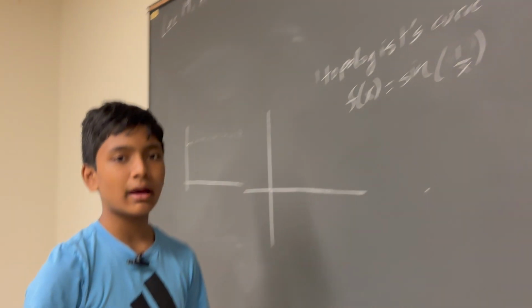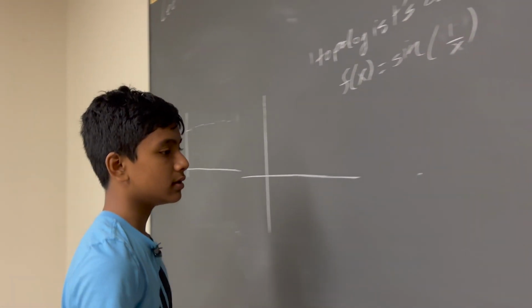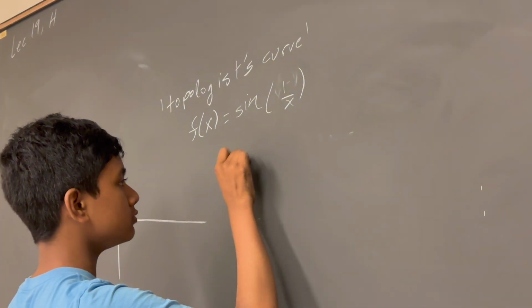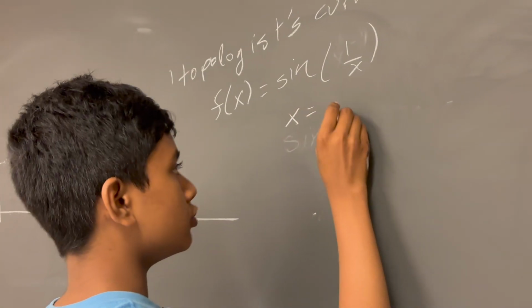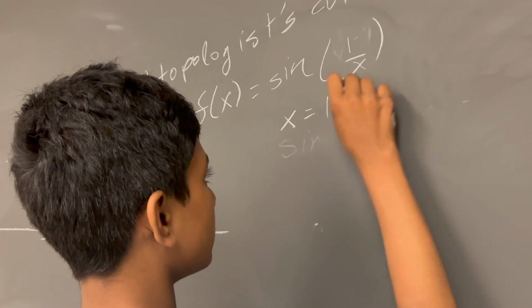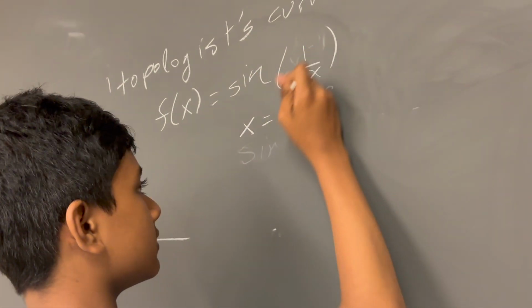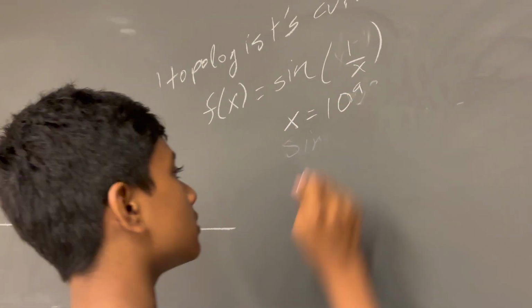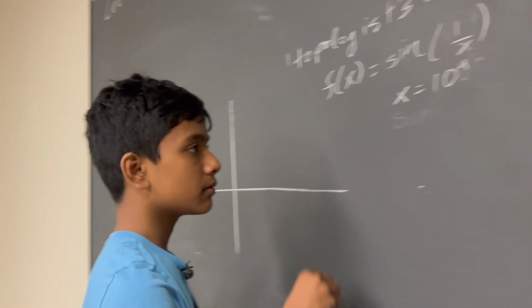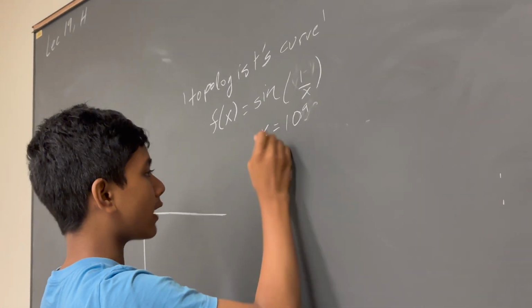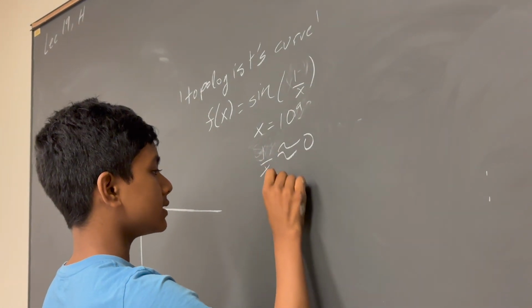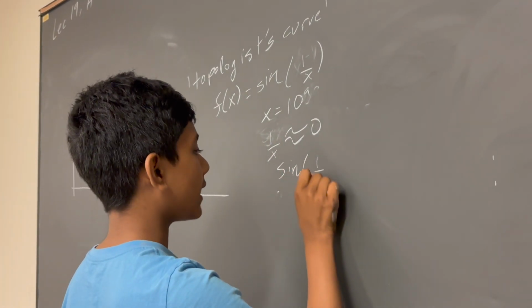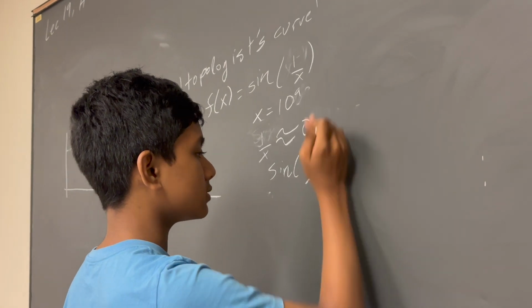So let's think about some values that this could be. If x was equal to 10 to the 9, 1 billion, then that would mean 1 over x is almost equal to 0, which means sine of 1 over x should basically be equal to 0.